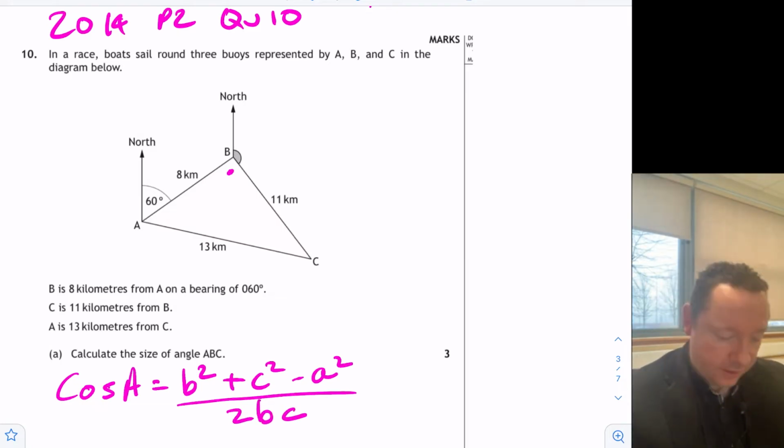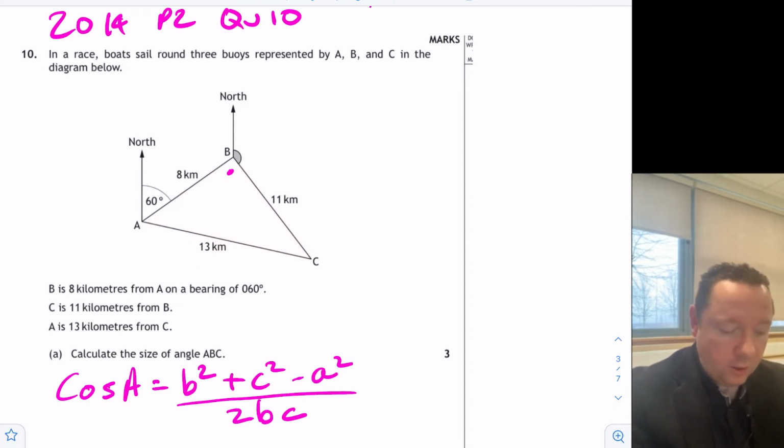Now, there's a couple of ways to think of this. When they say cos A, they mean the angle you're looking for, we're calling A. But in this case, there's a B attached to this, so don't get too confused. It is always, the side you take away is always opposite the angle. So 13 is my a here.